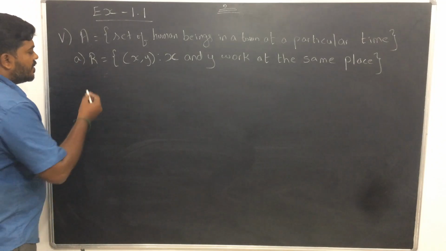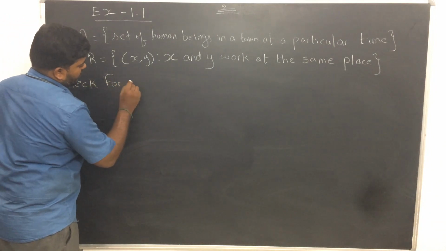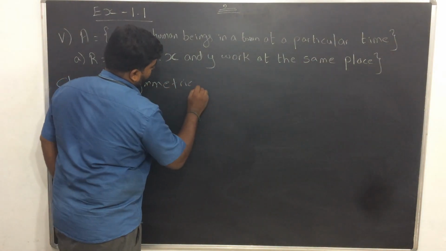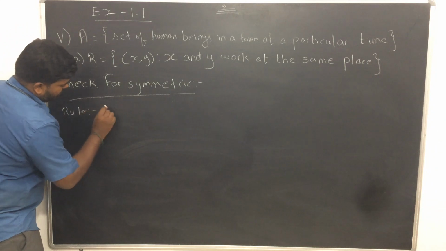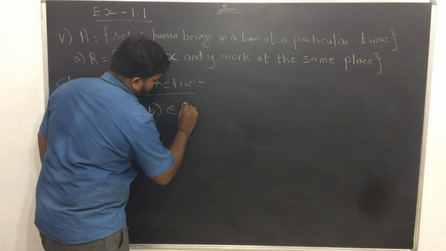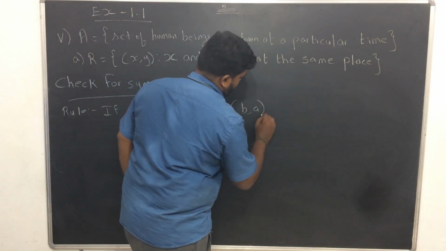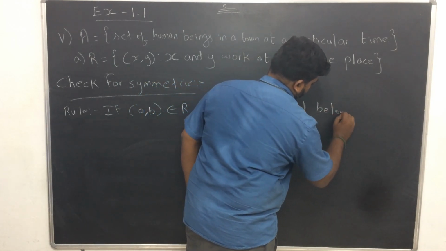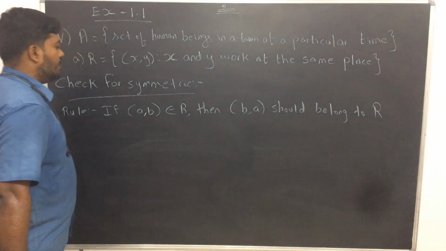Now let's check for symmetry. What is the rule for a relation to be symmetric? The rule is: if A, B belongs to R, then B, A should belong to R. So this is the rule for any relation to be symmetric.